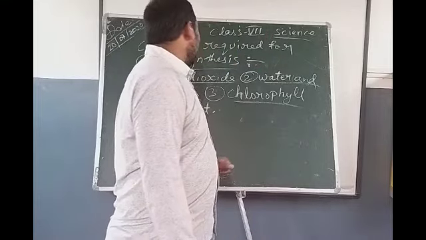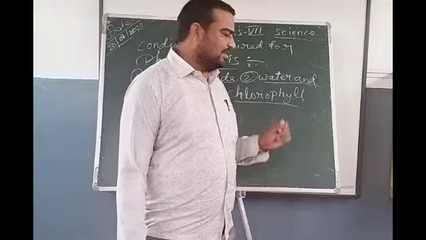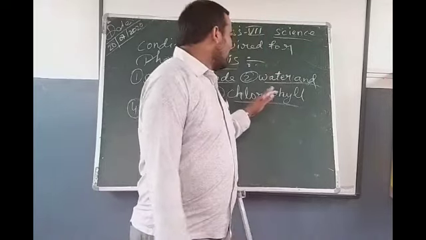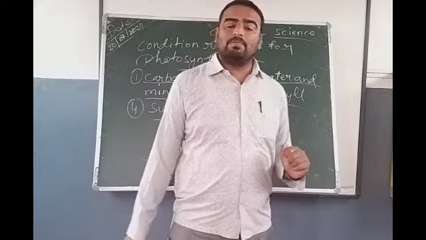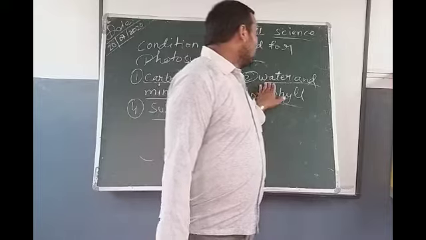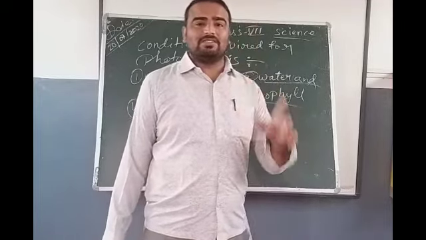Second one is water and minerals. Water and minerals are present in the soil. Plants absorb these water and minerals to prepare their food. How do plants absorb these water and minerals? With the help of their roots.